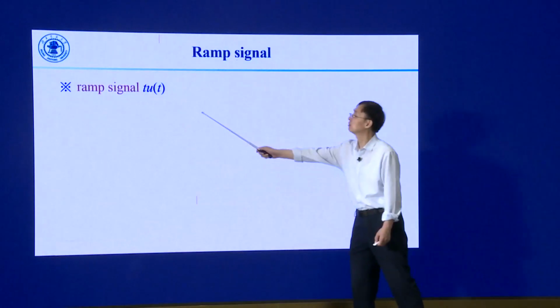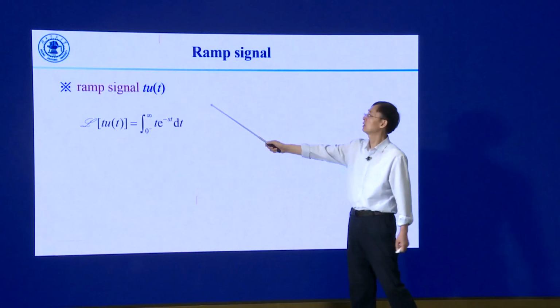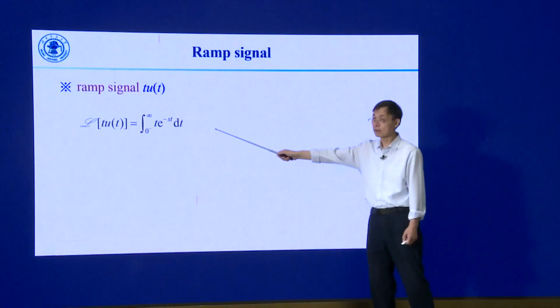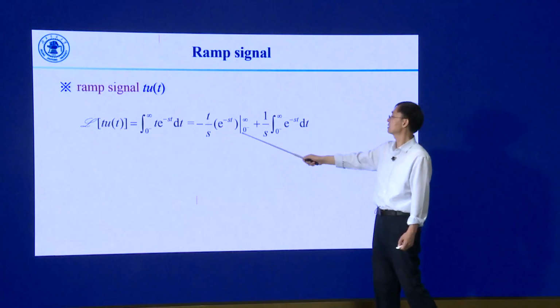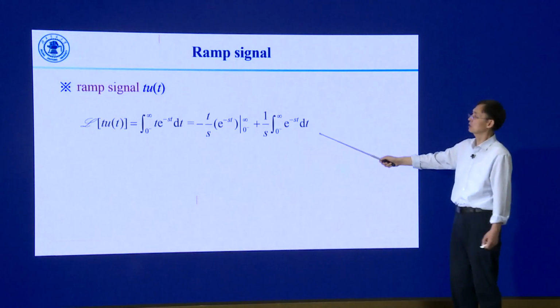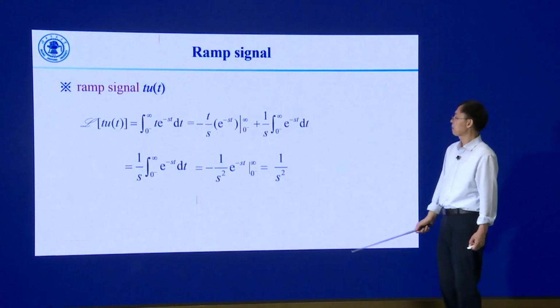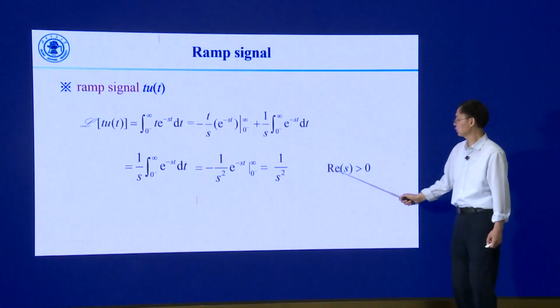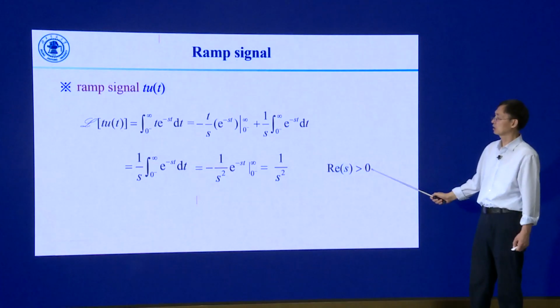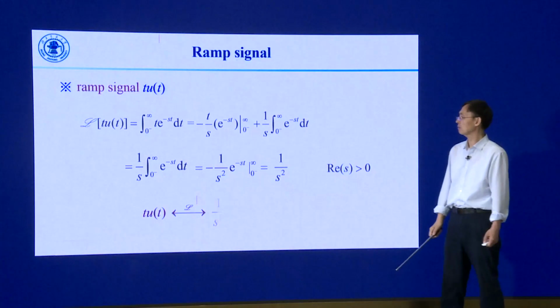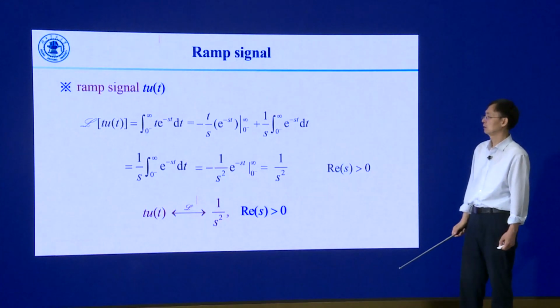For the ramp signal, t times u of t, according to the definition, you can get this expression. When this condition is satisfied, we can get this result.